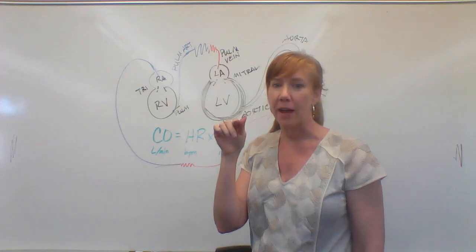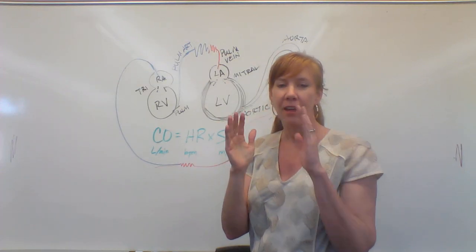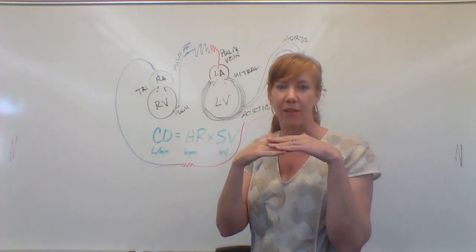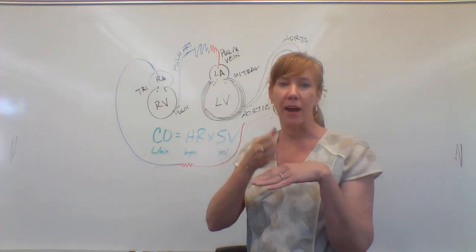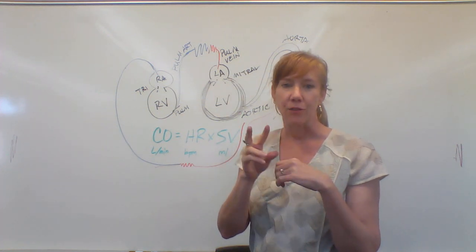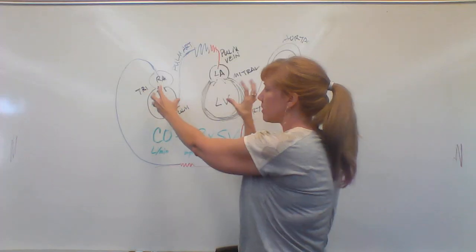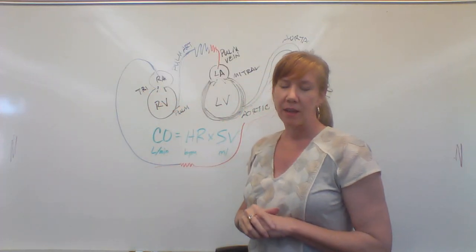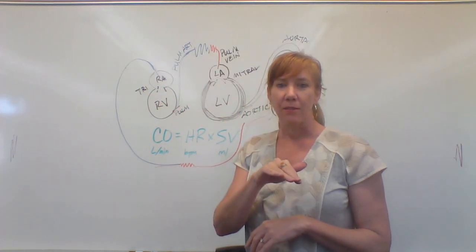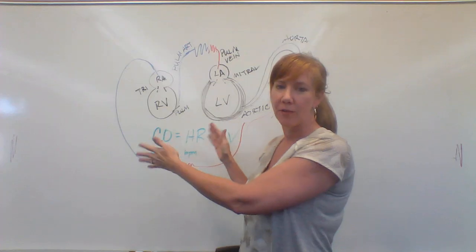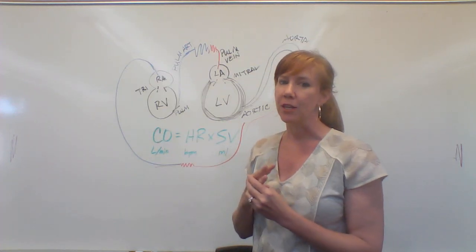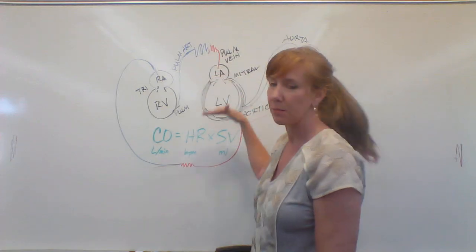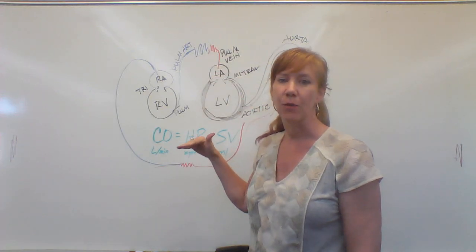After the little P wave, there's going to be a flat line that's allowing the AV valves to close. Then there's going to be a big QRS. That's the electrical trigger to cause these ventricles to squeeze. Then we're going to see a T wave that allows the cells of the ventricles to reset and get ready for next time. So EKG is really what allows the timing to be correct in a sequence from the top to the bottom.